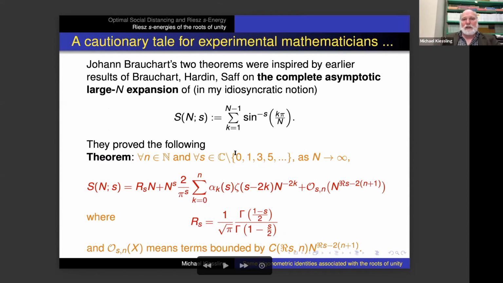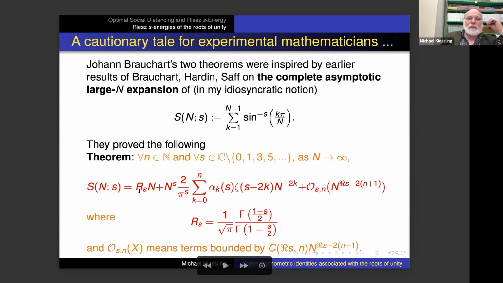How did Johann actually get to do that? He worked with Brauchart and Hardin himself on an asymptotic large n expansion, and that's their result. For each integer little n that you pick, you get an expansion for this expression. s is now any complex number except 0, 1, 3, 5, and so on.